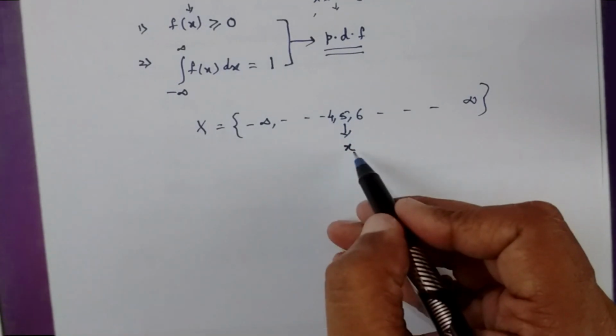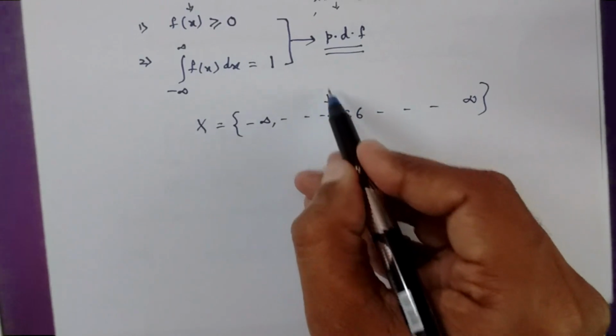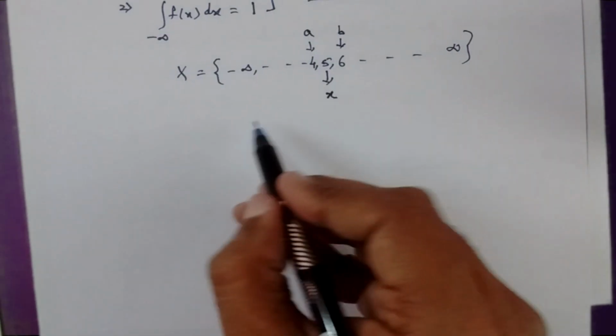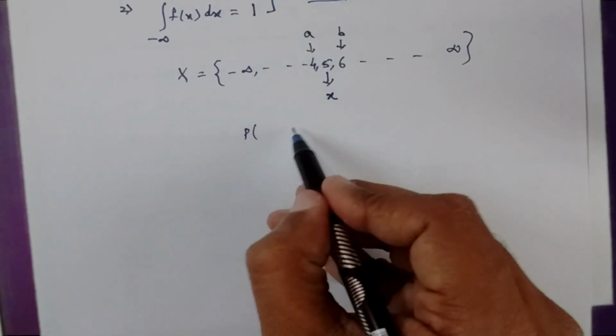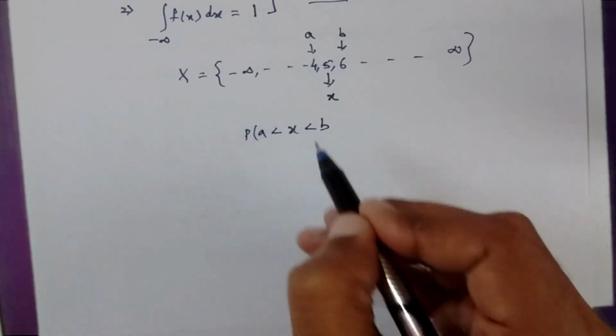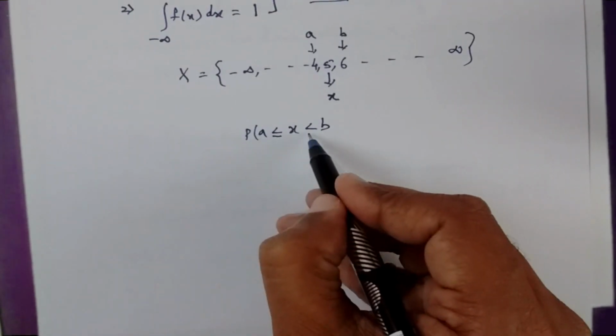Suppose I take this as x, and if I take this value to be equal to a and this value to be equal to say b, what is the probability that this x value lies between a and b? That is what we want to calculate.